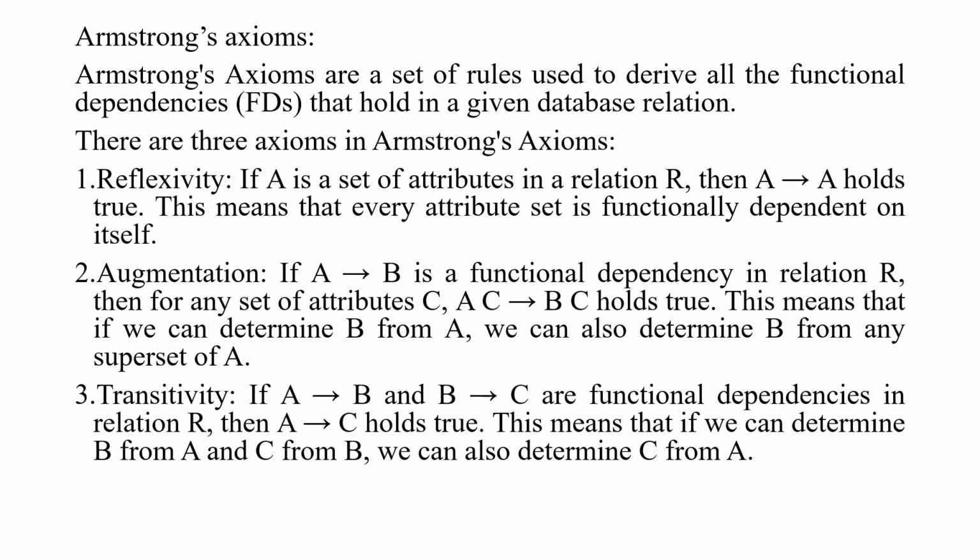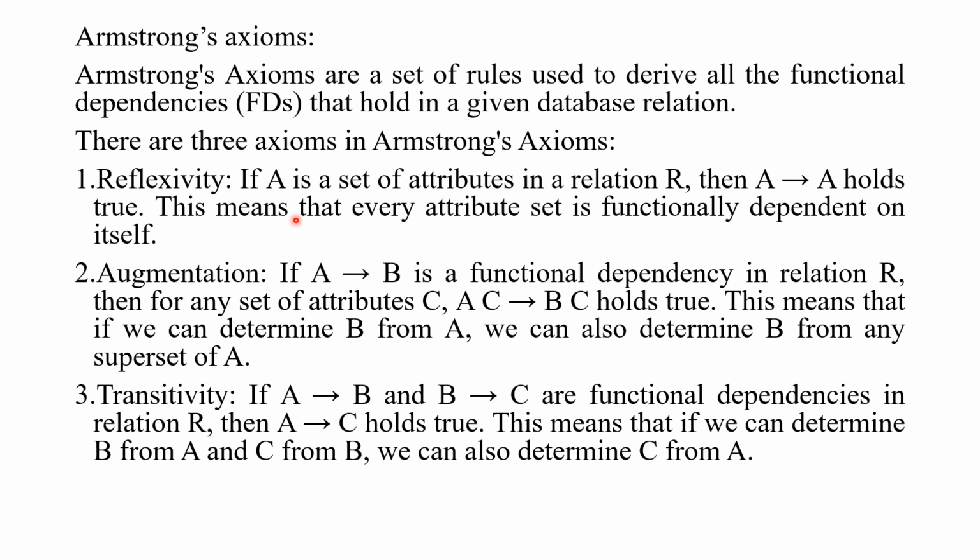Now, Armstrong's axioms are a set of rules used to derive all the functional dependencies that hold in a given database relationship. There are three axioms: the axiom of reflexivity, the axiom of augmentation, and the axiom of transitivity.